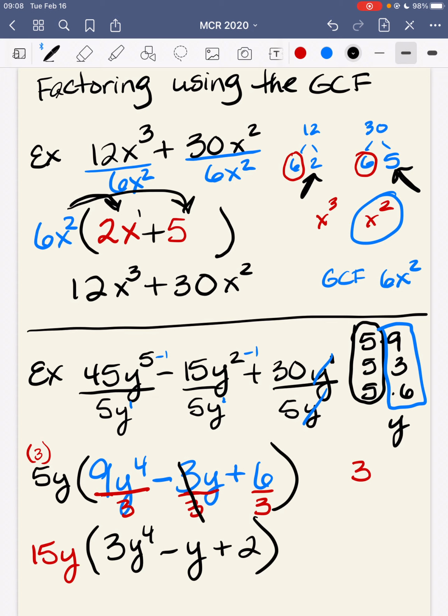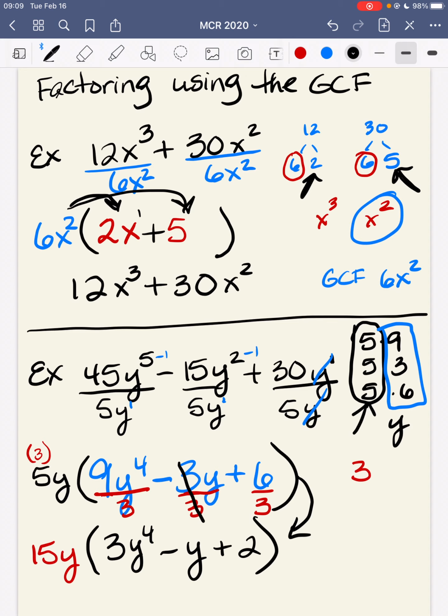What I'm trying to get, I'm not trying to confuse you. What I'm trying to let you know is if you don't get it the first time around, because you got all excited because it was so easy to get, that's okay. Take another step here and take out the remainder. Okay, so 45 and 30 are both divisible by 15.